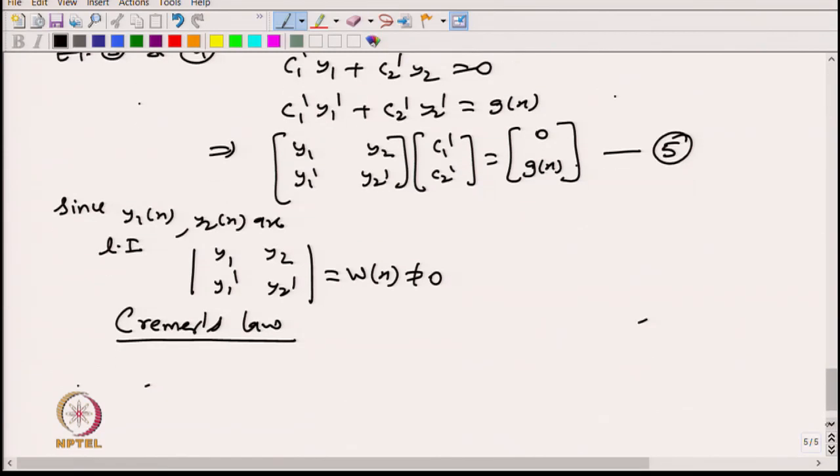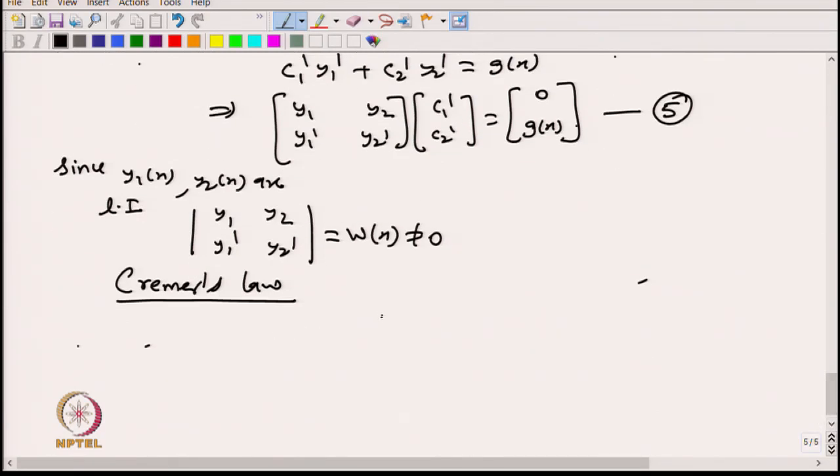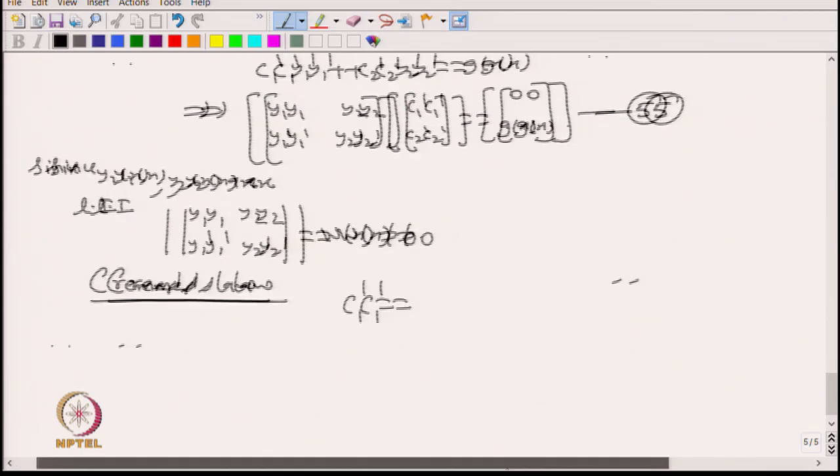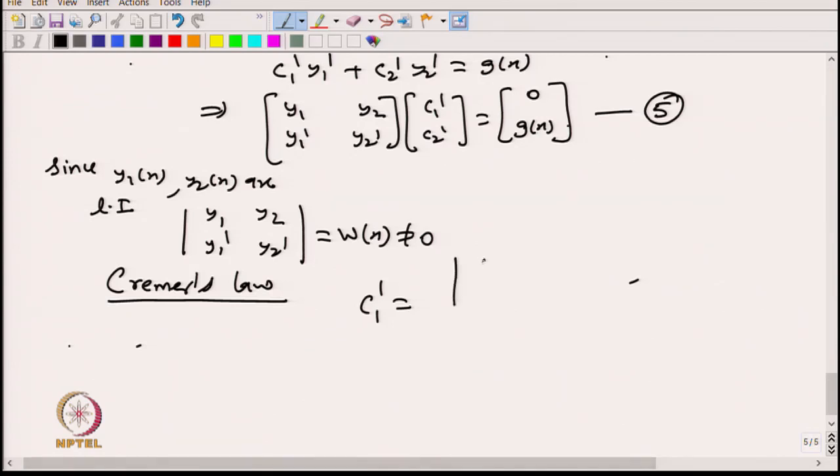Applying Cramer's law, c1' will be found by substituting the right hand side vector in the first column, giving 0, g(x), y2, y2' divided by the determinant of this matrix, which is y1 y2' minus y1' y2, the Wronskian.